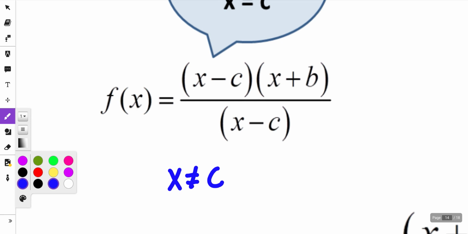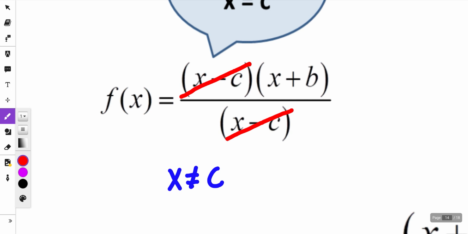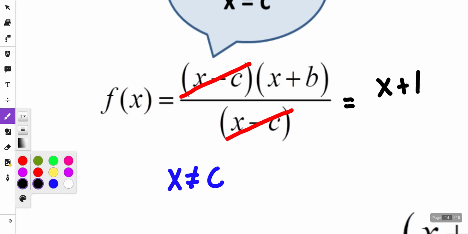The reason it doesn't is because if you reduced this rational expression, if you simplified it, the x minus c and the x minus c would cancel out. And this thing would simplify to just be x plus b.